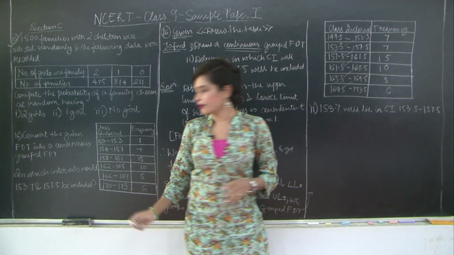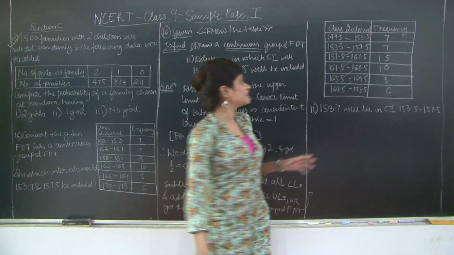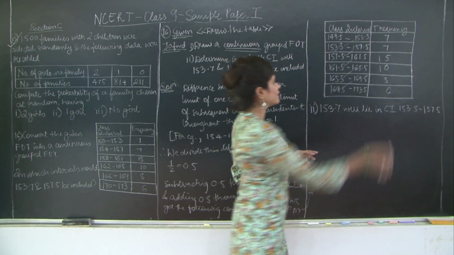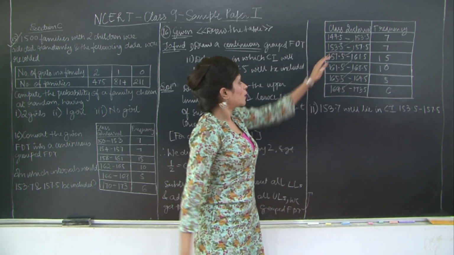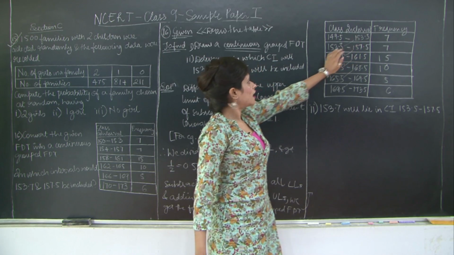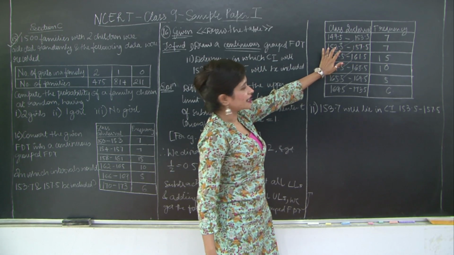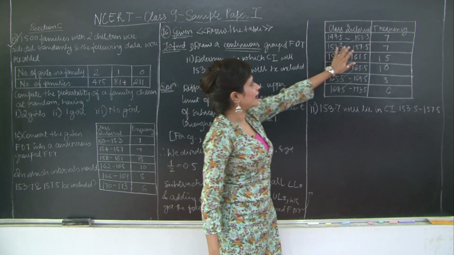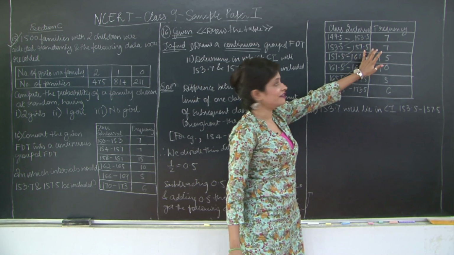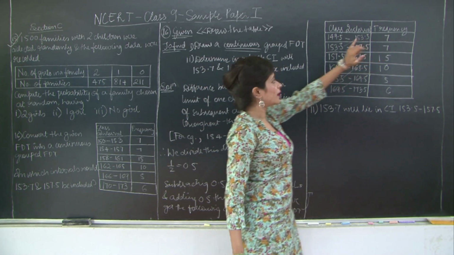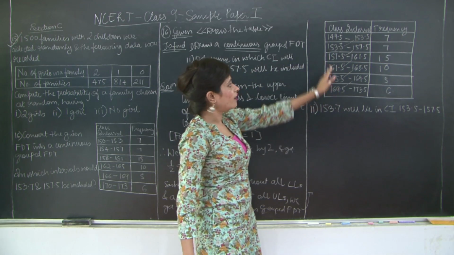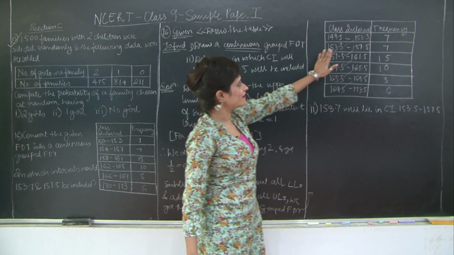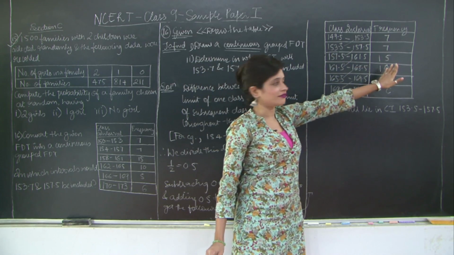Now let's check the other one, 157.5. If you notice, we have it here as well as here. But we always take values greater than or equal to 153.5 and less than 157.5 in this class interval, whereas in this class we are going to take values greater than or equal to 157.5 and less than 161.5.